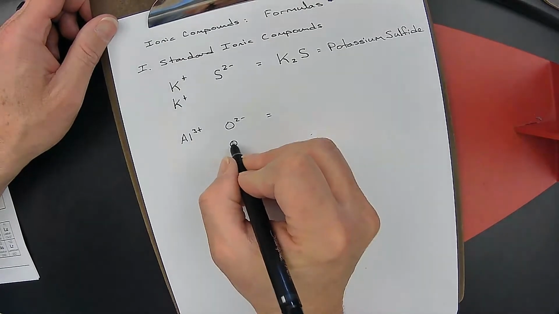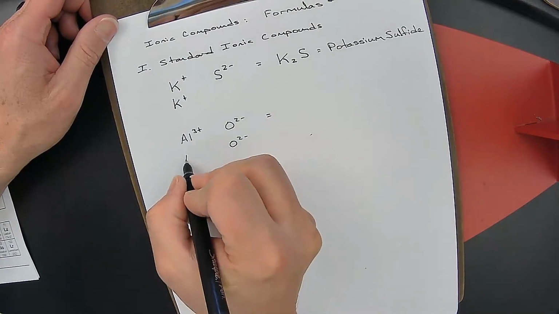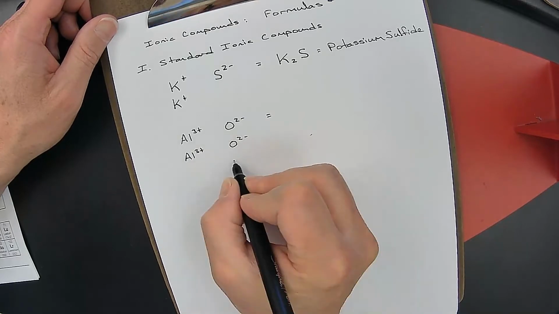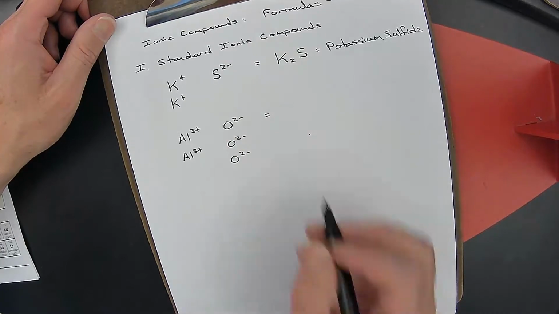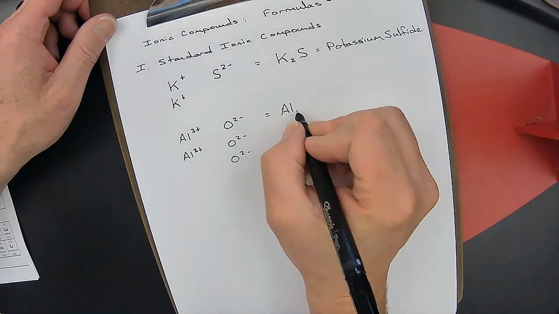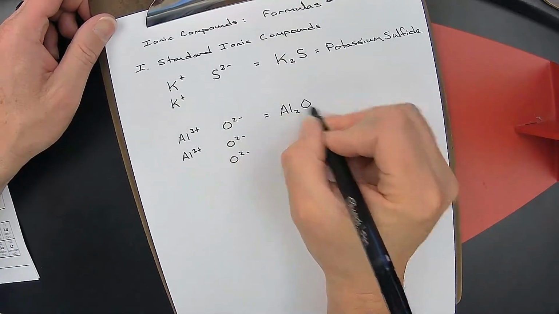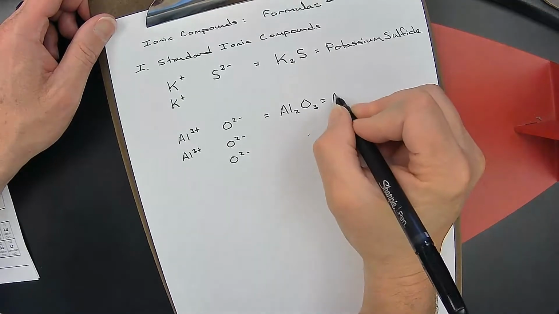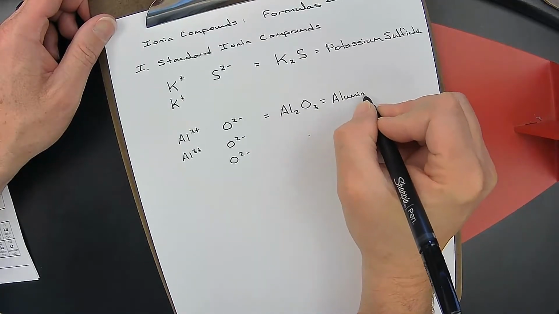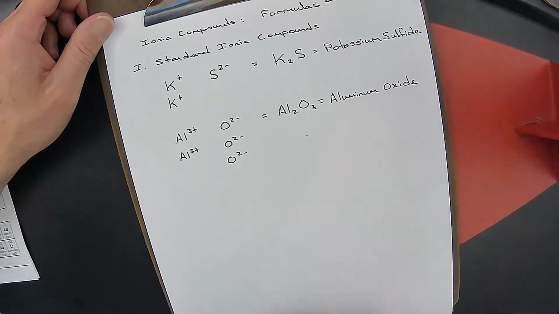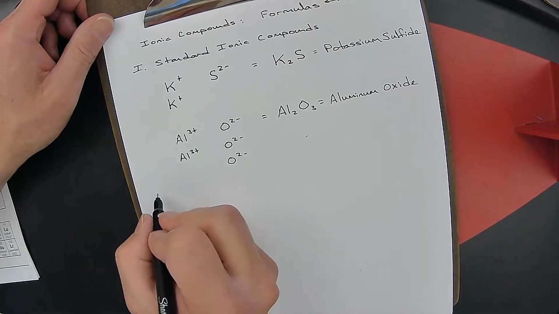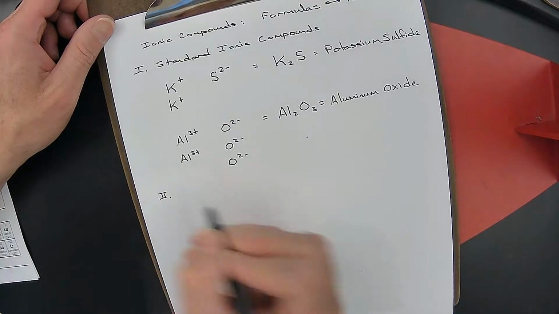So if we put these together so that they finally cancel each other out, we get a 6- and a 6+. We have 2 Als for 3 Os, and we call this aluminum oxide. Oxygen gets changed to oxide.